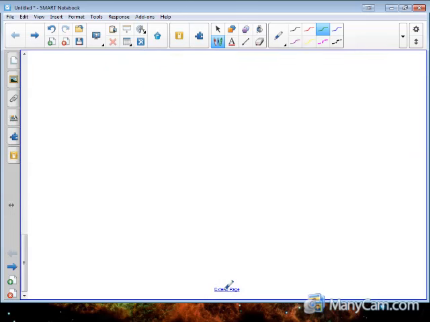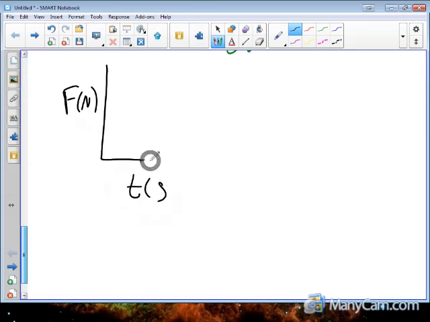All right, the other thing that we talked about was being able to interpret data from a graph. So I'm going to make a little force versus time graph. Force measured in newtons, time measured in seconds.